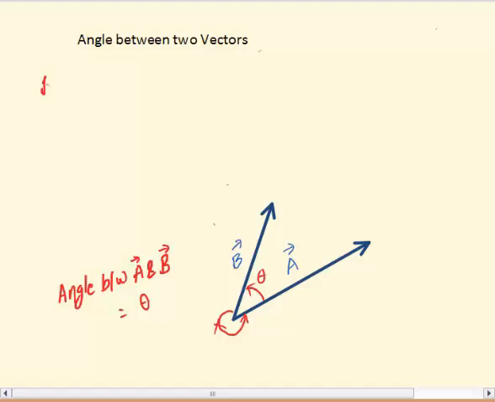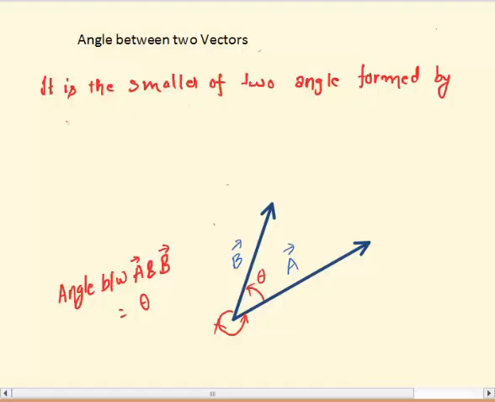It is the smaller of the two angles formed by joining tails of the two vectors.